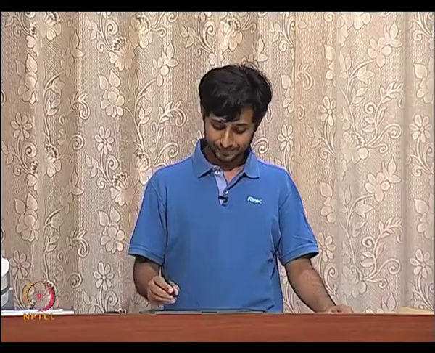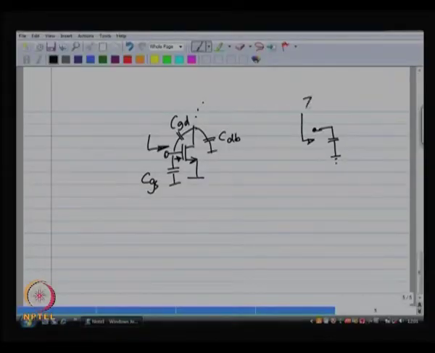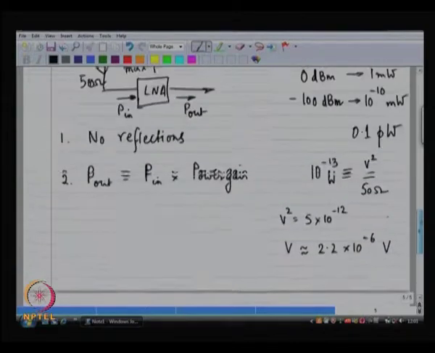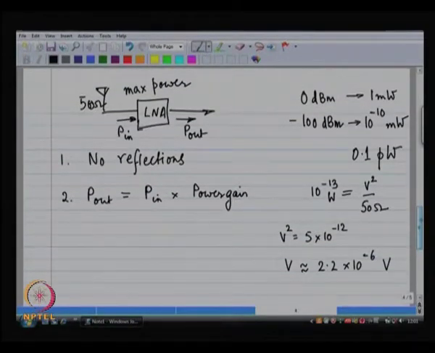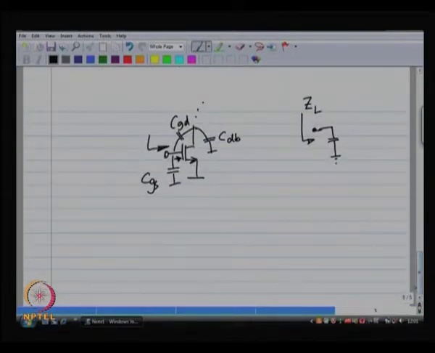If this is my load, which looks like a capacitor. We are always talking about maximum power transfer, this and that, and how we need to transfer 10 power minus 13 watts onto the MOSFET, the input of the LNA. If this is the situation, then where is maximum power transfer going to happen? The input is looking capacitive. Well, the answer to that, I mean, I am sure this question is occurring in your minds, right? It should occur in your minds if it has not already.